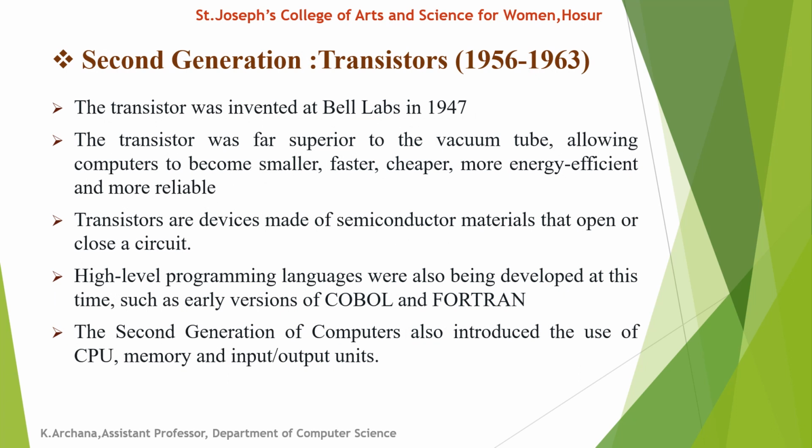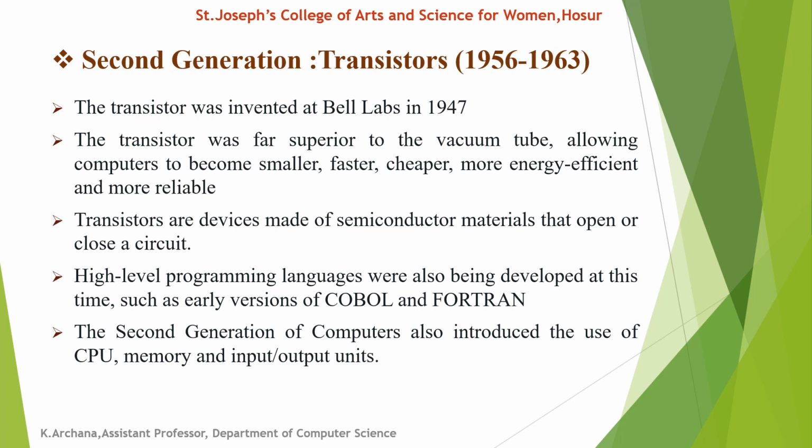Then second generation, transistors, 1956 to 1963. The transistor was invented at Bell Labs in 1947. The transistor was far superior to the vacuum tube, allowing computers to become smaller, faster, cheaper, more energy efficient, and more reliable.